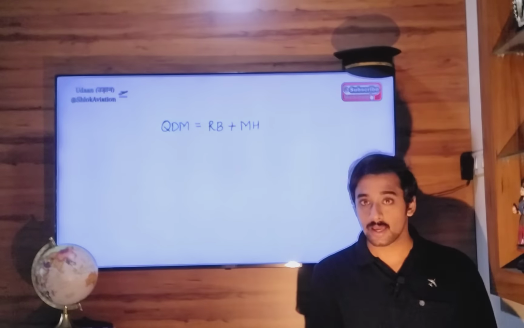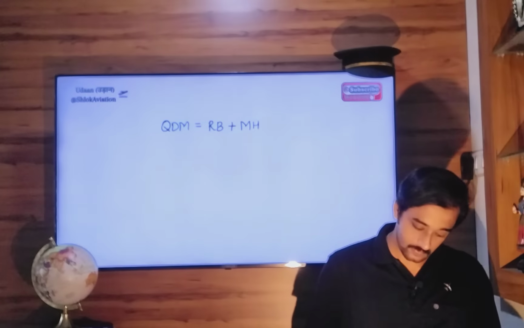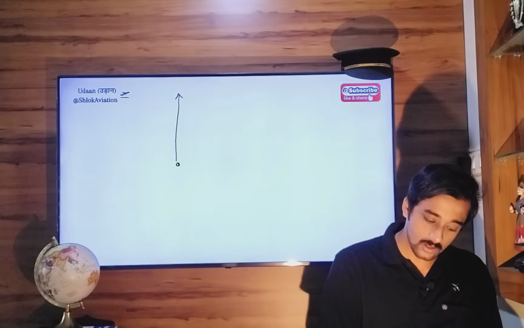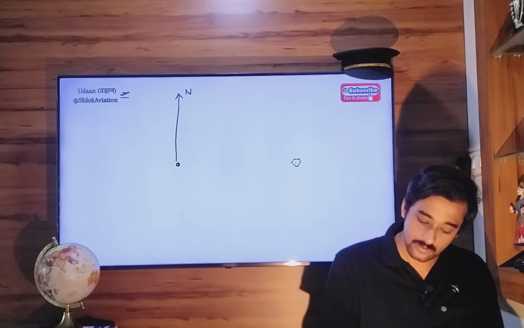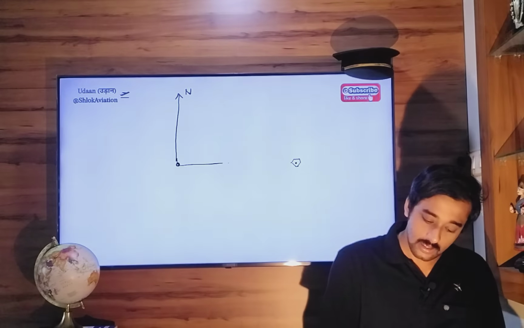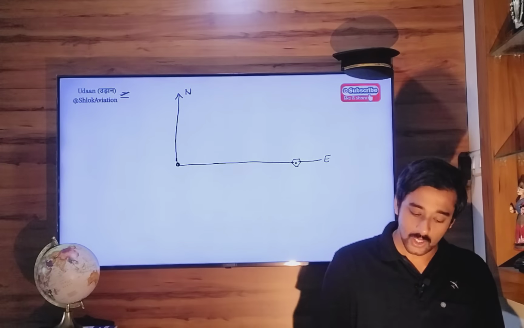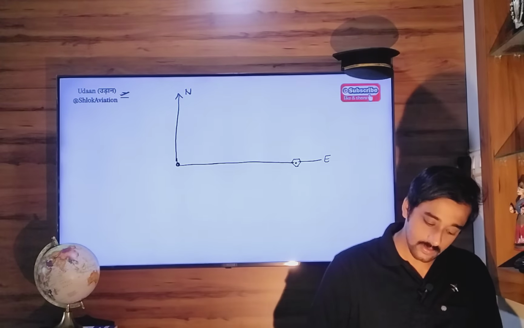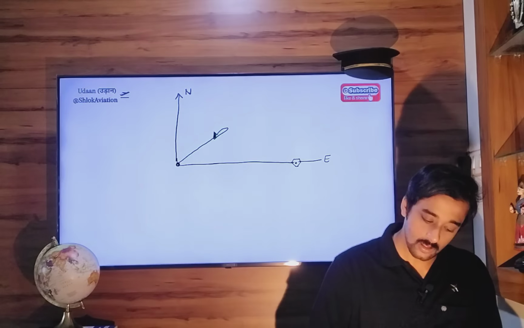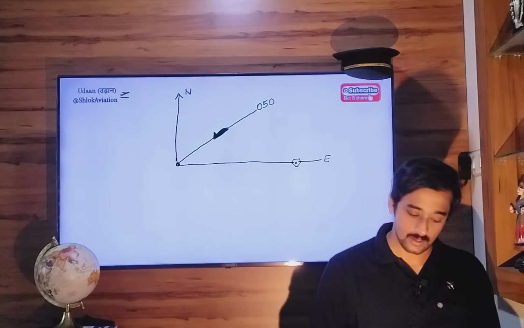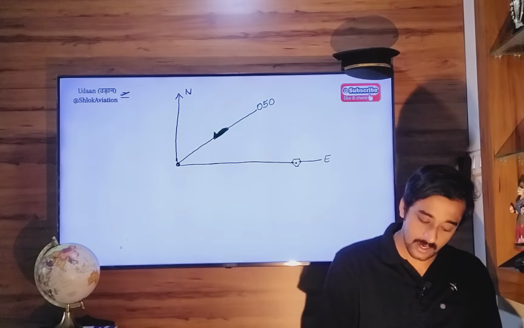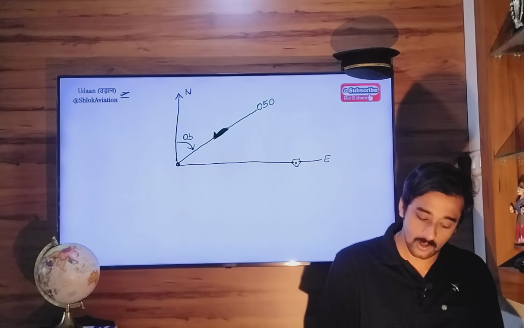Let's say this is your magnetic north datum, and this is where the VOR station is located, in the easterly direction. Your aircraft is here, on a heading of 050, measured with respect to magnetic north.